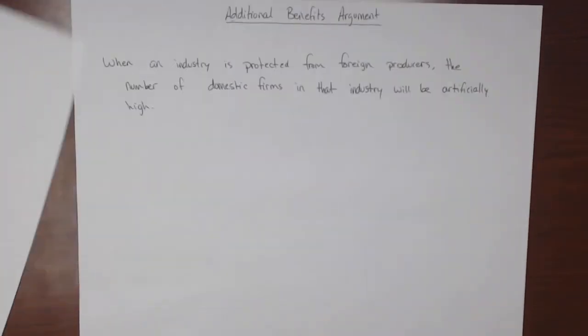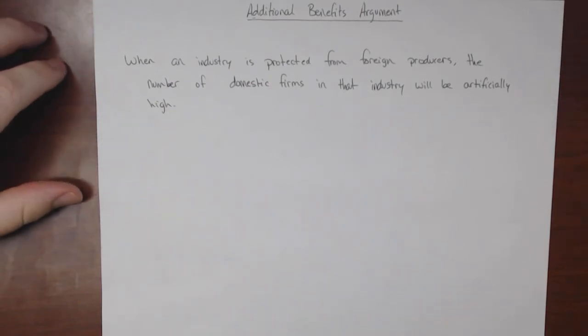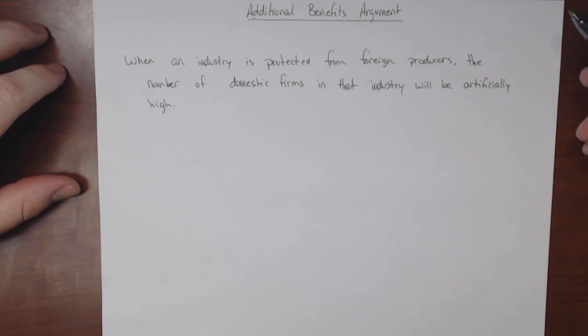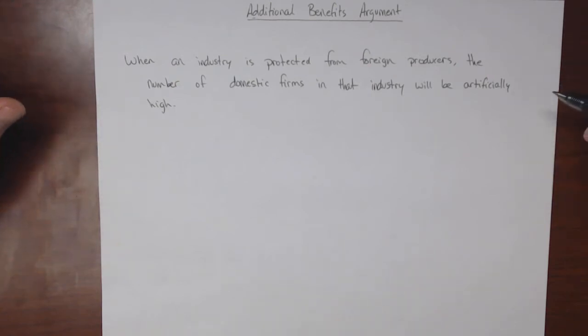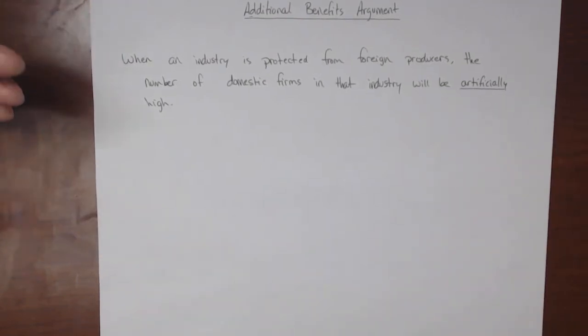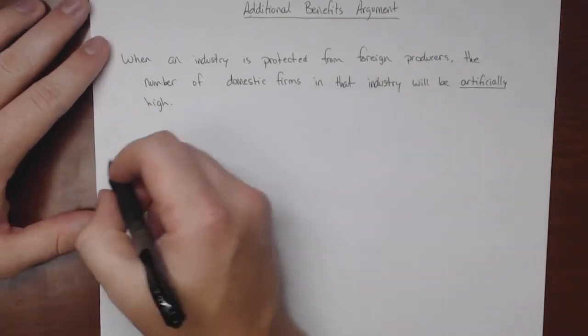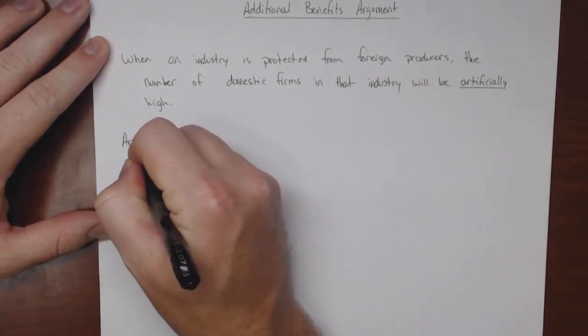Okay, so the idea is that if an industry is protected from foreign producers with a tariff or any other restriction, then the number of domestic firms in that industry will be higher than it otherwise would be. And we call this artificially high because it's the result of the tariff.